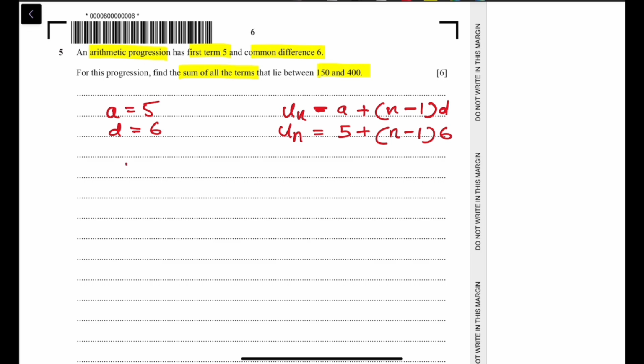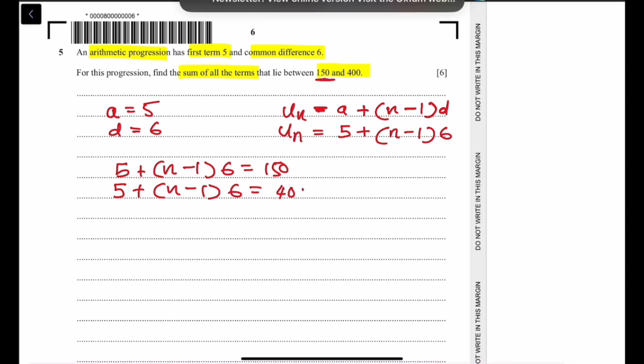So one number, 5 plus n minus 1 times 6 equals 150, because we know this is a term in the sequence, and one other number equals 400, because that is also a term in the sequence.